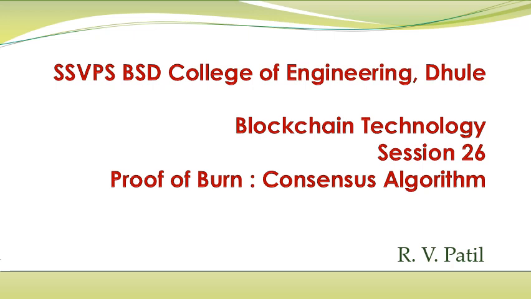So the condition for proof of stake is that the node must have a stake, meaning the node must hold a large amount of currency in the network, and the node holding the larger stake will get the chance to propose a block. So we have studied this algorithm. Then the next algorithm that we have to study is proof of burn. So we will see in this session what this proof of burn is.